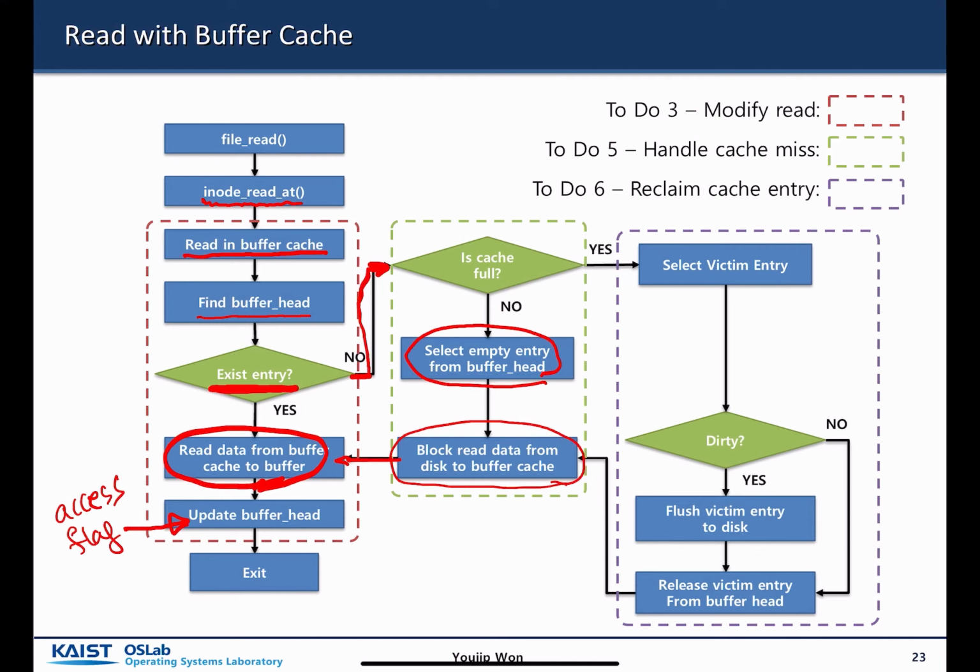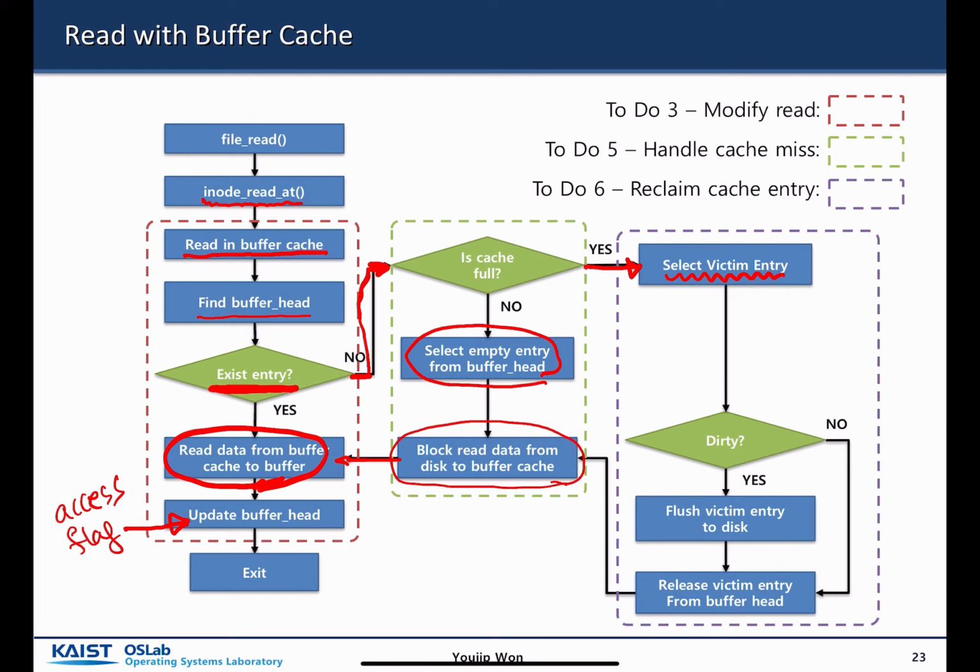That's good. But the worst part is the case when the buffer cache is entirely full. If the cache is full, then it has to select a victim entry to kick out and make room for bringing in the new disk blocks.